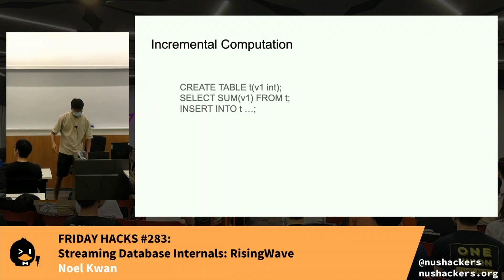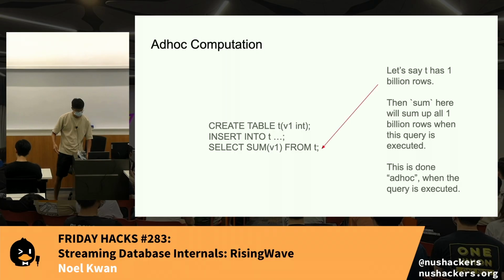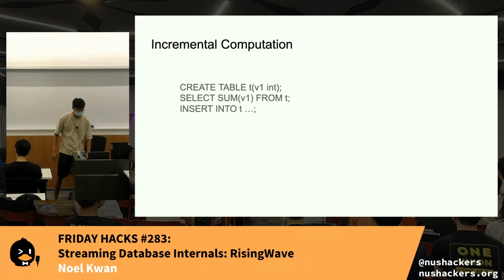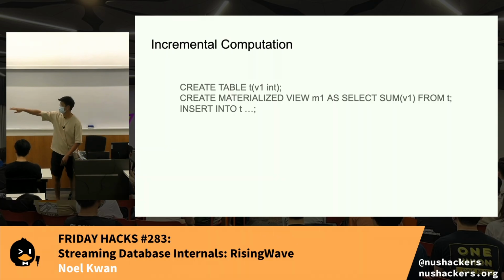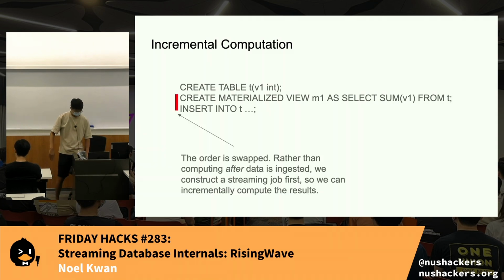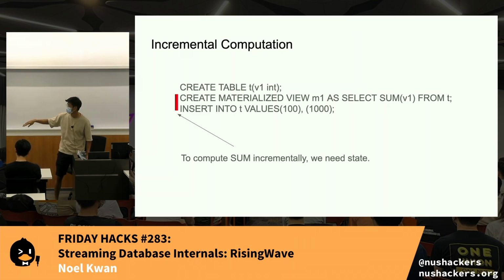So what if we shifted it earlier? You can see the order of insert and select is swapped, and we create a materialized view, which is just syntax, but it basically says that this thing is continually running and processing the results. Rather than computing after the data is ingested, we construct a streaming job first, so we can incrementally compute the results.